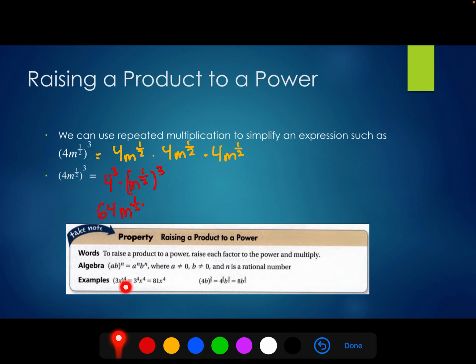You raise 3 to the 4th power, and you raise x to the 4th power, and then you just go ahead and simplify. 3 to the 4th power is 81, and you have that x to the 4th, and that's how you do it. Same way right here, 4b to the 3/2 power. Each factor gets raised to that 3/2 power. So you have 4 to the 3/2 power times b to the 3/2 power, and that ends up equaling 8b to the 3/2 power.